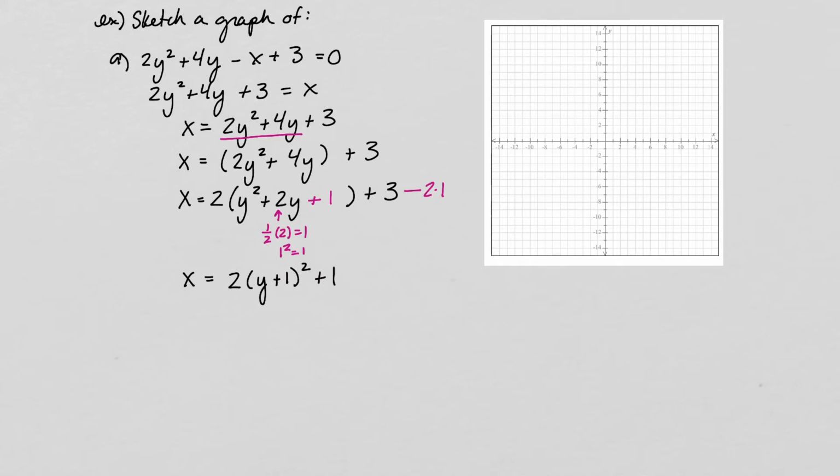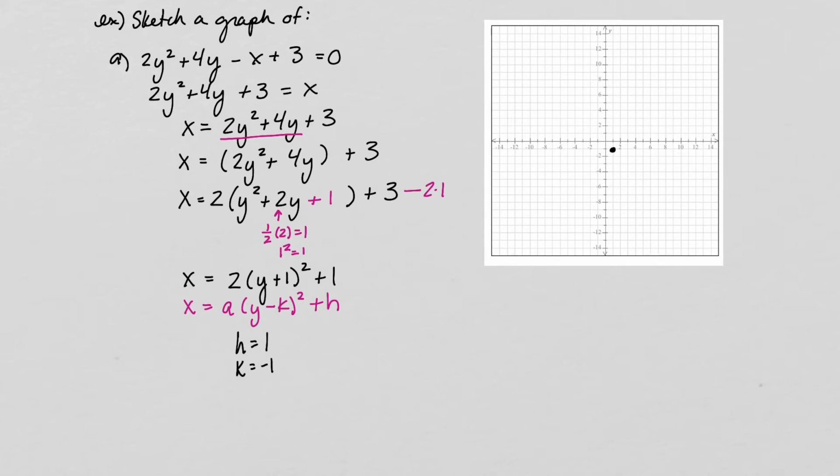So if we match it up with the formula I had on the other side, which says that x is equal to a times y minus k squared plus h, in this case h is going to be equal to 1, and k is going to be equal to negative 1, which means our vertex is sitting at 1, negative 1.